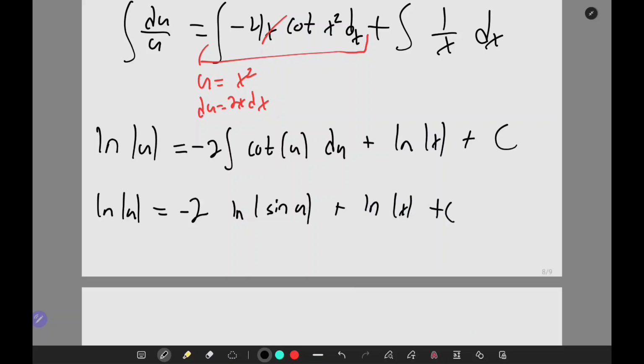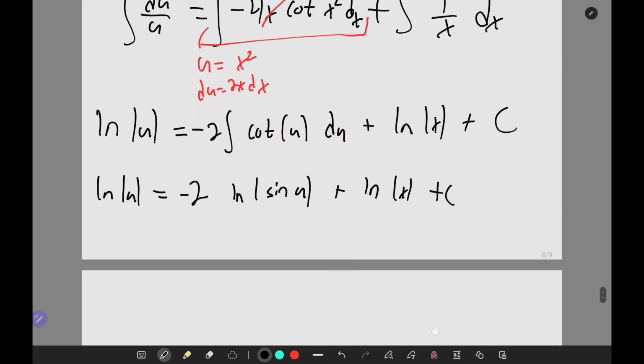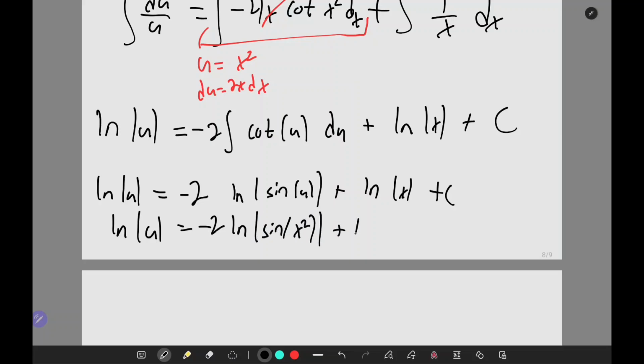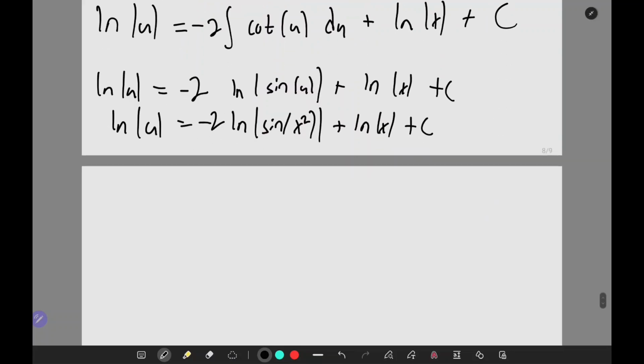Okay, now we still have this u here. We got to plug it back in for u. So natural log of u, with an absolute value sign, is equal to negative 2 natural log of sine of x squared. I plugged back in for u, plus the natural log of x plus c.